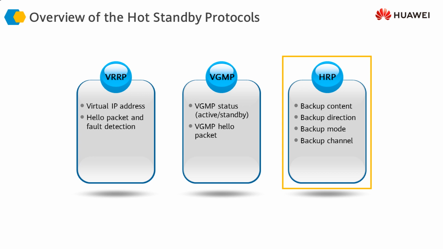This means that if one firewall goes down, the other firewall already has all the configuration information and all the status information of the active firewall, and as soon as the standby firewall takes over as the active firewall, it can use that information to keep forwarding the traffic which was previously being forwarded by the active firewall. So HRP is responsible for making sure that whenever there is a switchover from the active to the standby firewall, the standby firewall will already have all the required information to keep forwarding the traffic seamlessly.